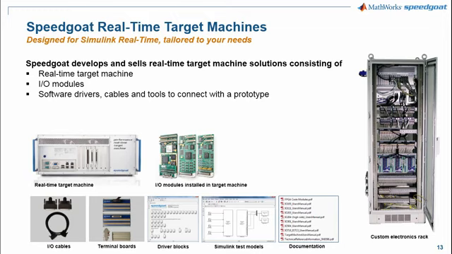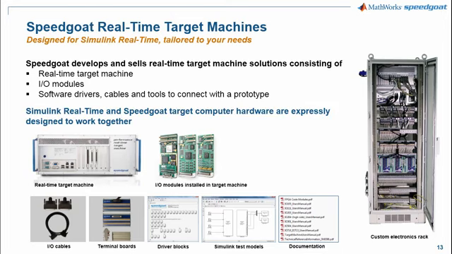The delivery typically includes the real-time target machine with I/O modules installed and cables and terminal boards to easily access all available physical I/O lines. The driver library included with the delivery extends Simulink Real-Time with the necessary driver blocks required to interface with all I/O and protocol interfaces. Last but not least, a test model serves as an example in order to immediately get started with the solution.